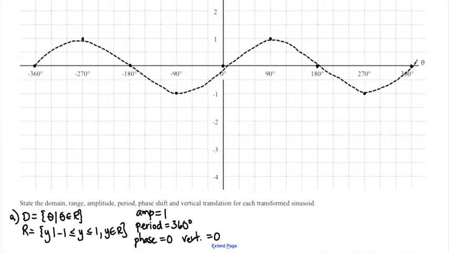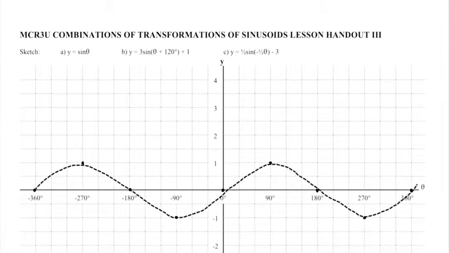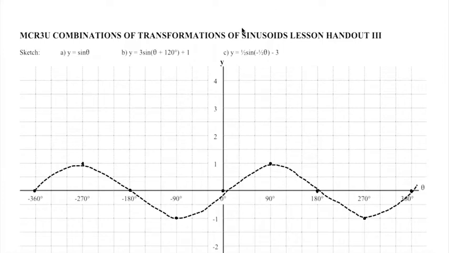Now we're going to take a look and draw the curve for the transformation y equals 3 sine of (theta + 120 degrees) + 1. In part B, we have a few things that we need to remember. If there is a number in front of the theta and there's only one single set of brackets, you factor that out.